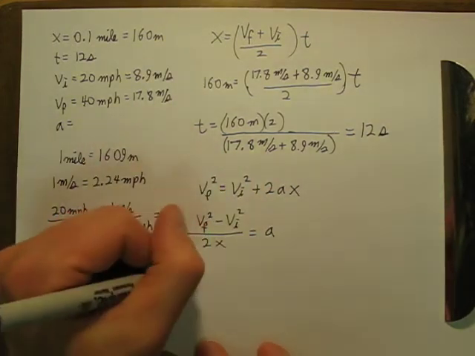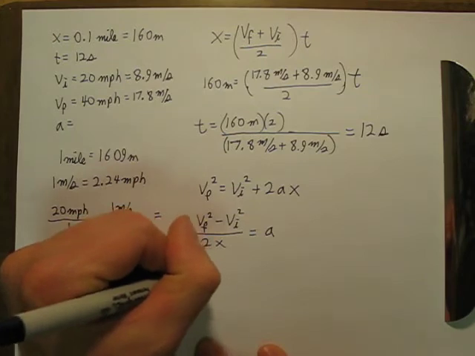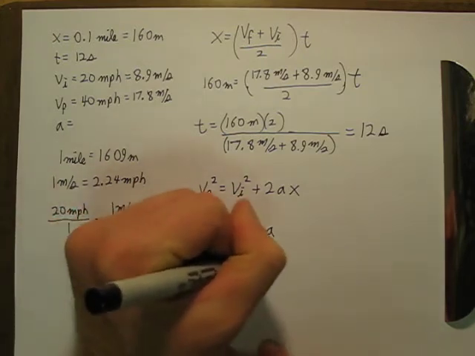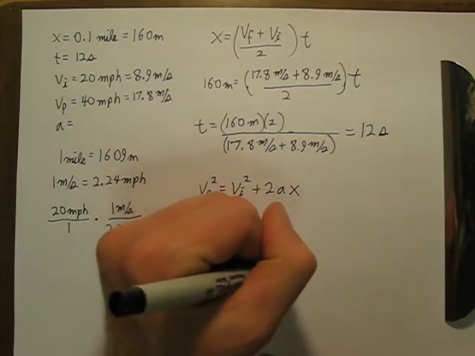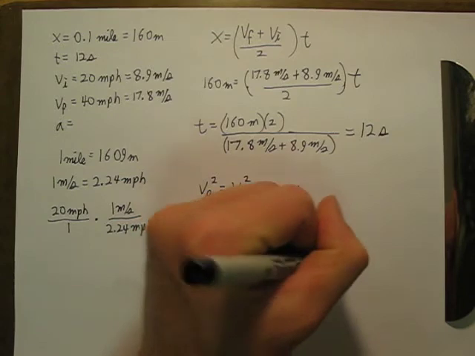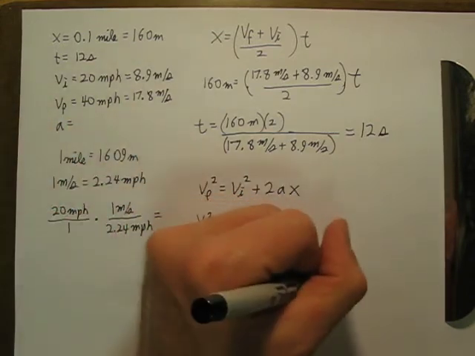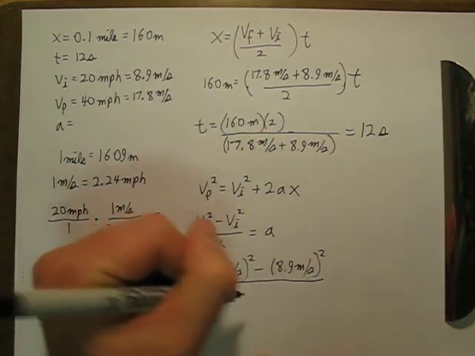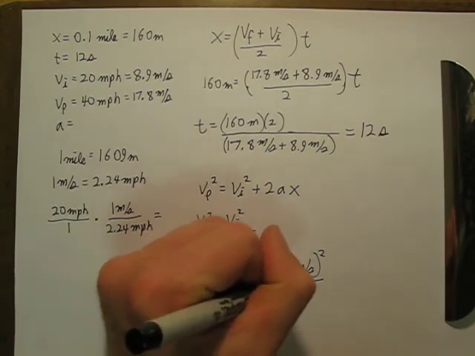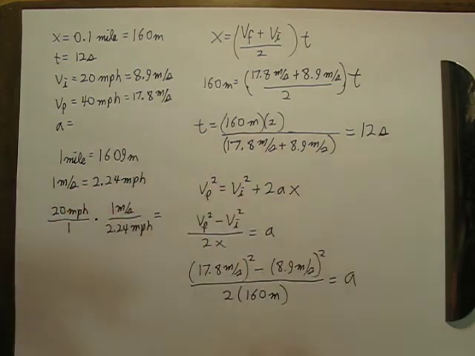So a equals (17.8 meters per second squared minus 8.9 meters per second squared) divided by (2 times 160 meters).